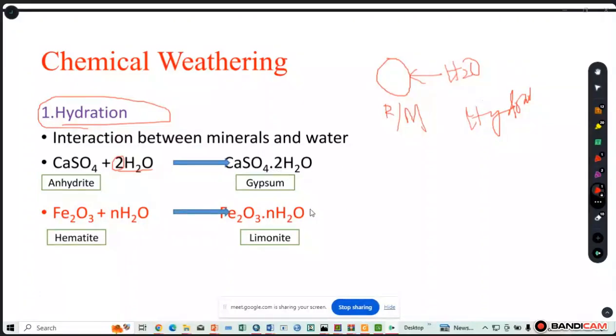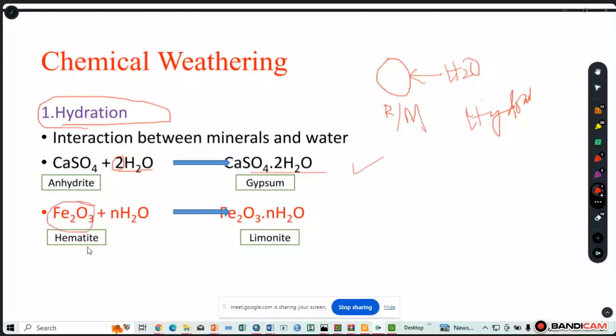Okay, how is gypsum formed? Suppose anhydrite comes into contact with 2H2O, that means the anhydrite absorbs water molecules. After absorbing the water molecules, it gets converted into gypsum, and the chemical formula also changes to CaSO4·2H2O. Similarly, the iron ore.